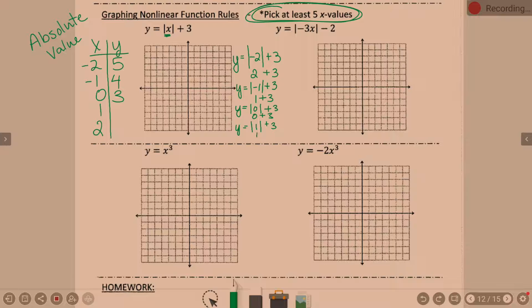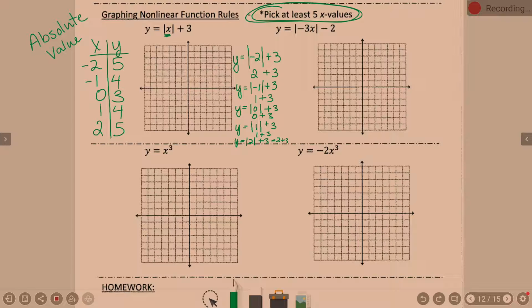And 1 plus 3 is 4. Okay, last one. I'm running out of room here. I wrote too big at the beginning. Absolute value of 2 plus 3. So absolute value of 2 is 2. 2 plus 3 is 5.